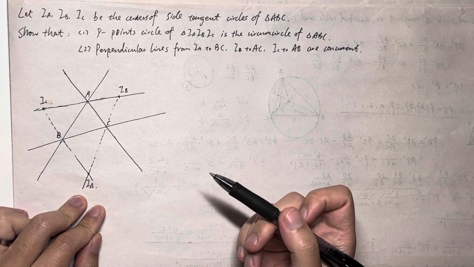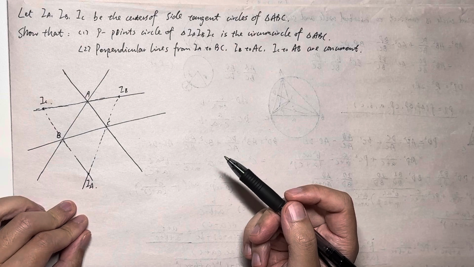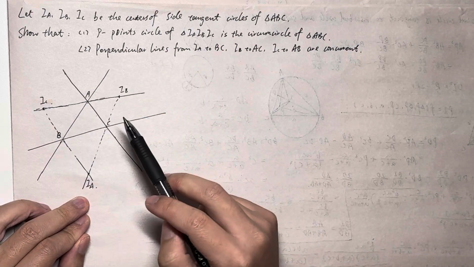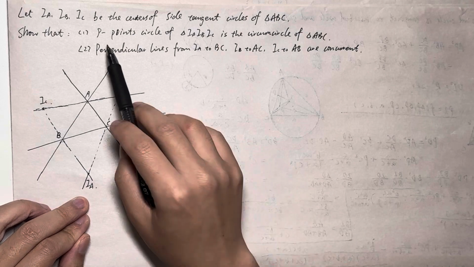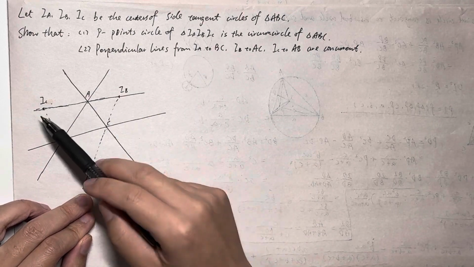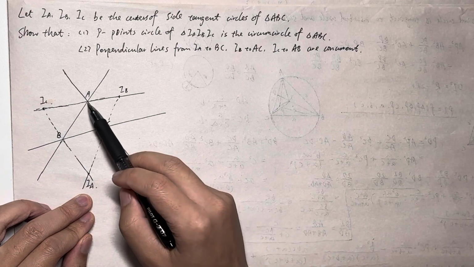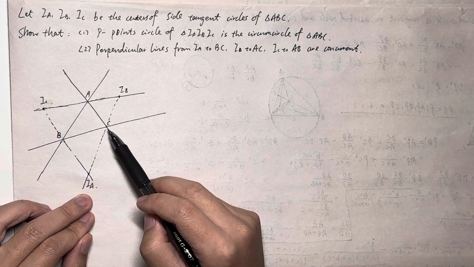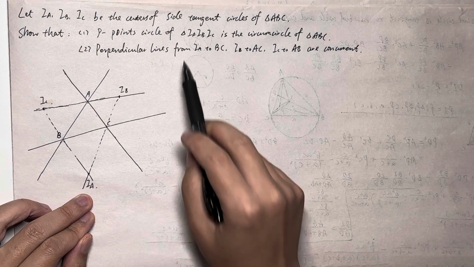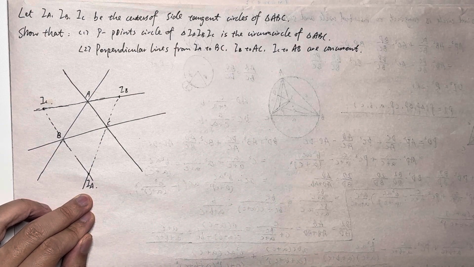That's fairly easy to understand. And we want to prove that this circle is the same as the 9-point circle of the triangle IA, IB, IC. Basically, it's saying that A, B, C are on the 9-point circle of triangle IA, IB, IC, right?